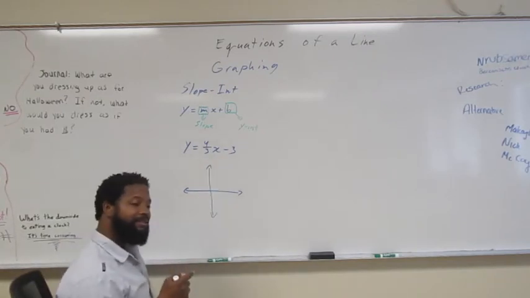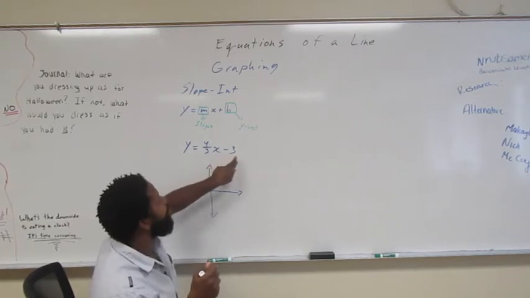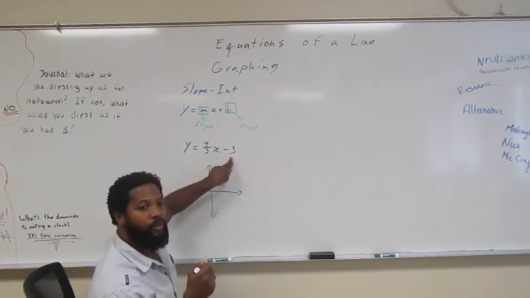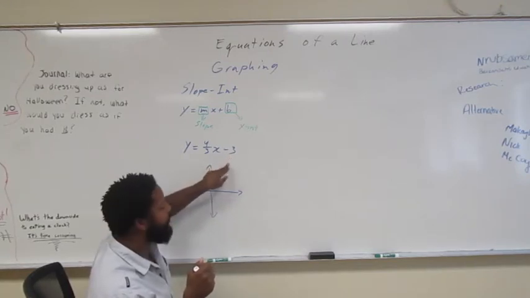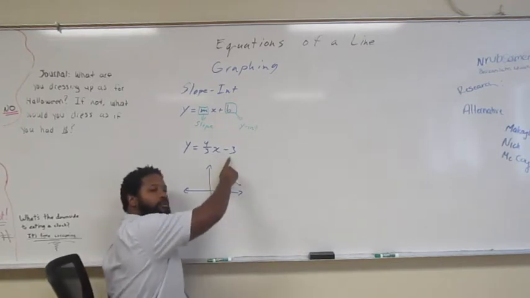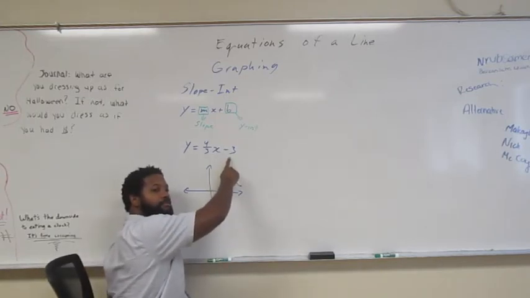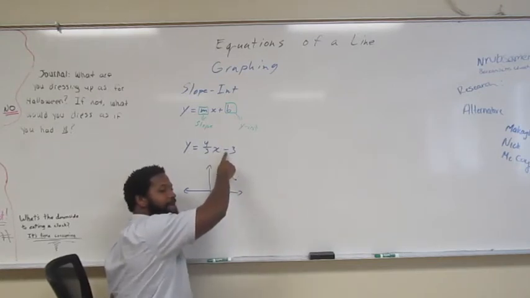Why? Because your y-intercept is the point where your line crosses the y-axis, okay? So when we're looking at this, what is our y-intercept? -3. Don't forget that minus sign.